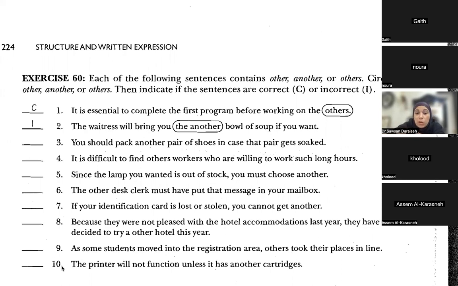Like, for example, listen to me. I want to bring someone to help me clean up my house tomorrow, all right? So if I'm going to talk about a maid instead of worker, like maids, I'm going to say this sentence, by the way, because I don't really mean one maid. It could be just any good maid, who's helpful. So I might say it is difficult to find other maids, besides this one, who are probably willing to work such long hours.